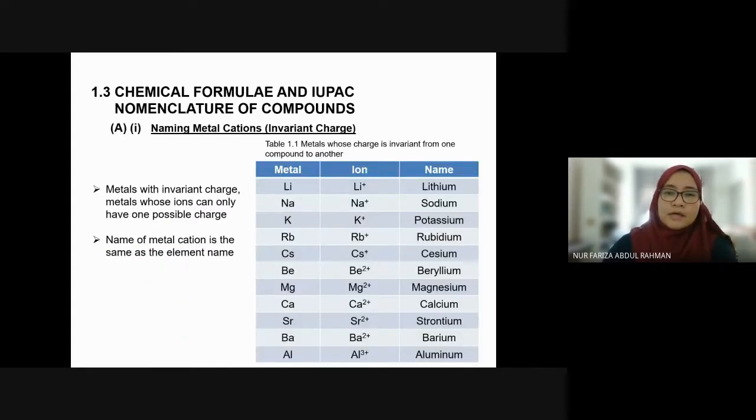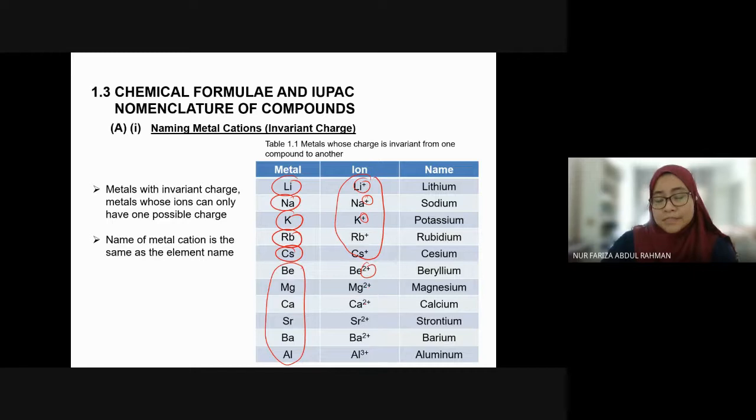These are the examples of metals that have invariant charge. We have lithium, sodium, potassium, rubidium, and cesium. All of these come from group 1, and all of them have a positive 1 charge. We also have metals from group 2, which are considered invariant charge as well.